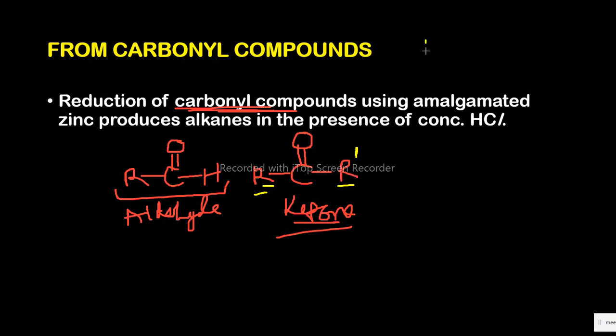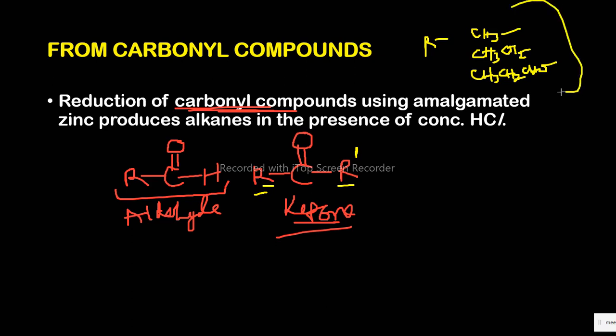This alkyl group can be CH3, a methyl group, it can be an ethyl group, it can be a propyl group, and so on. So with this R, I just put this to show that they are different.